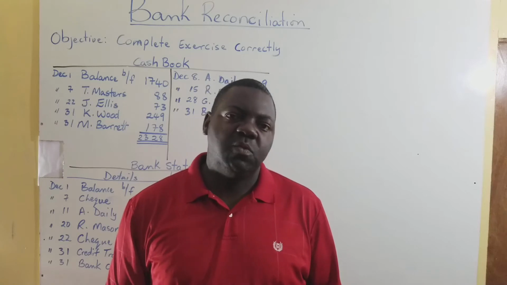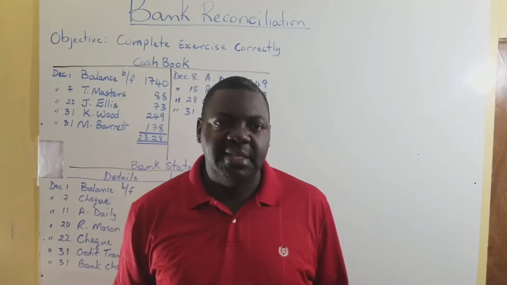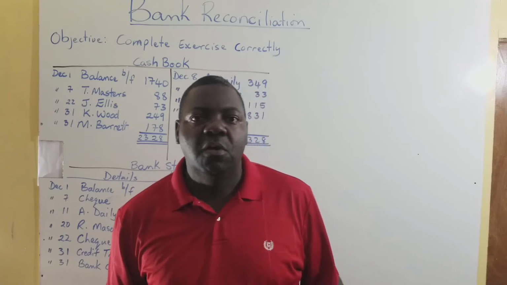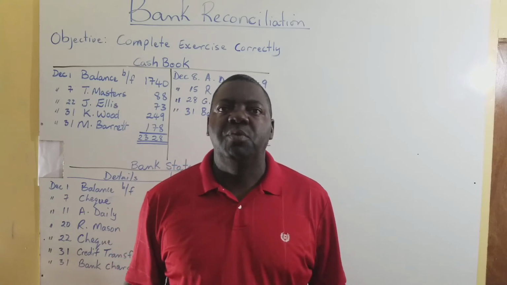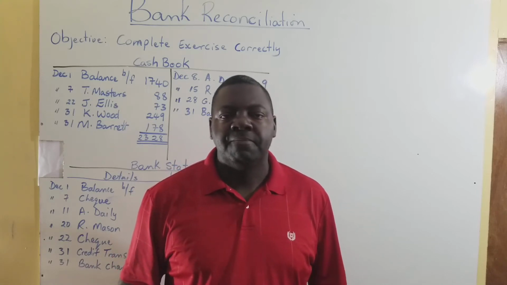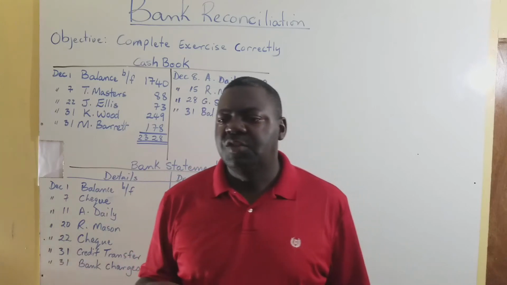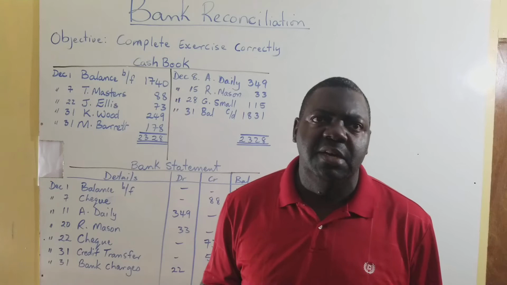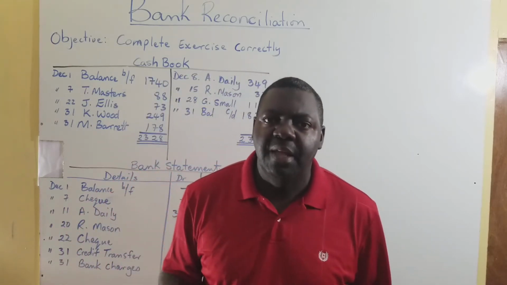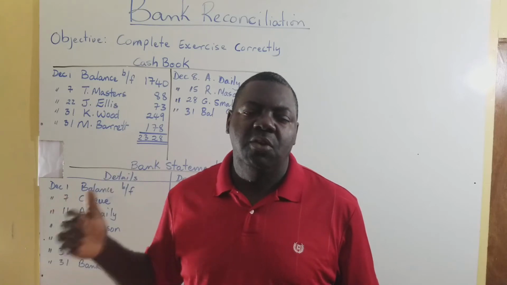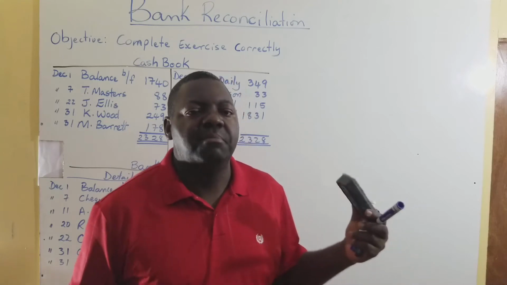We have discussed as well some of those items earlier that would have caused our bank statement and our cash book not to be in agreement. I'd like to re-emphasize that in treating with bank reconciliation, we are seeking to make sure that our balance in our cash book is the same as the balance at the bank.